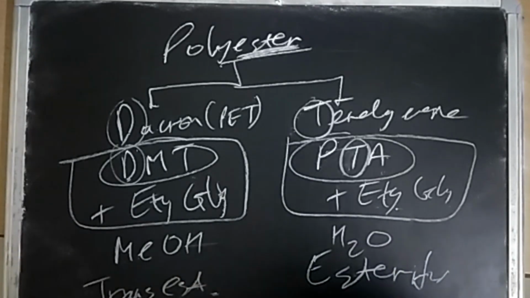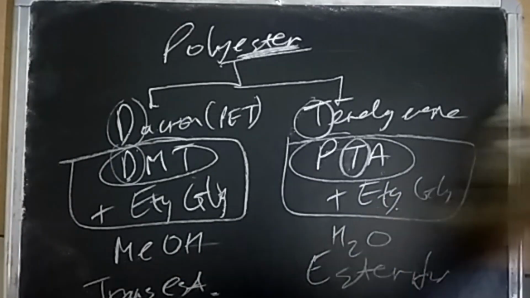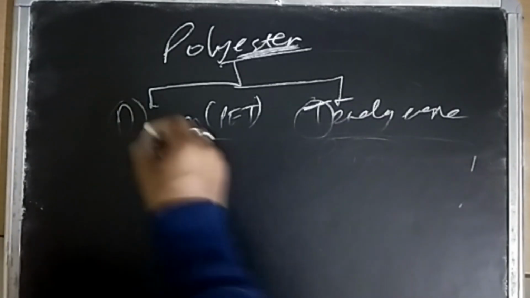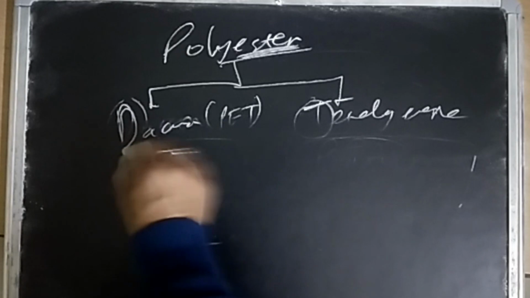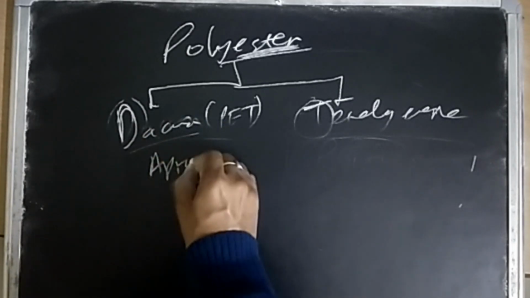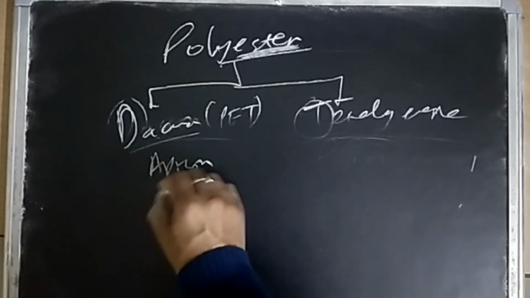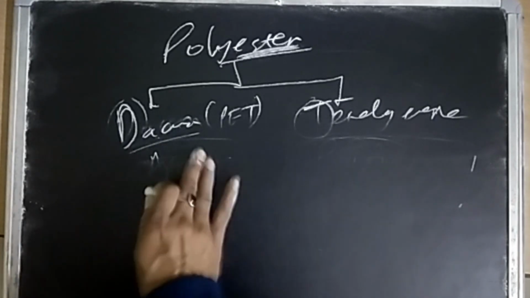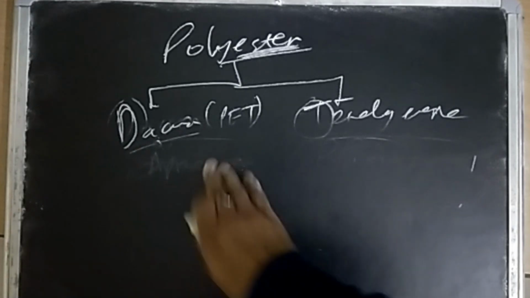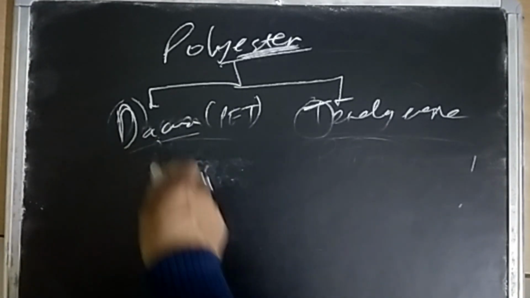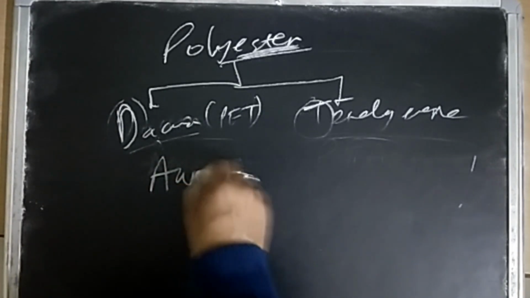Okay, and the initiator for Dacron is like apron. So Dacron means apron, and my aunt wears an apron. This way is just to remember, so that means it is antimony.